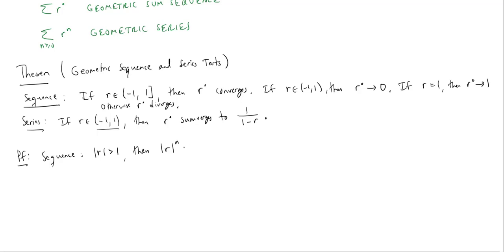This is going to be the same thing as the absolute value of r to the n minus 1 times the absolute value of r. And since the absolute value of r is greater than 1, I know the product is going to be greater than the absolute value of r to the n minus 1. So this is definitely an increasing sequence.